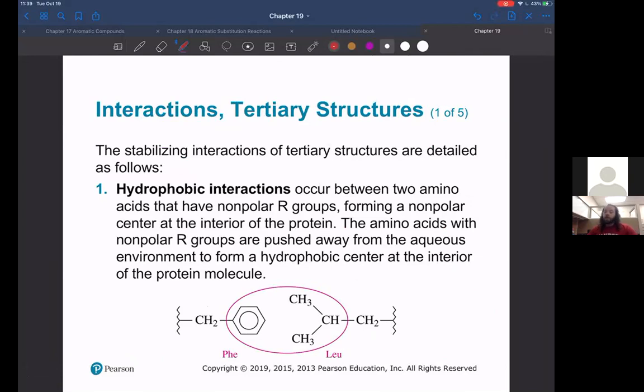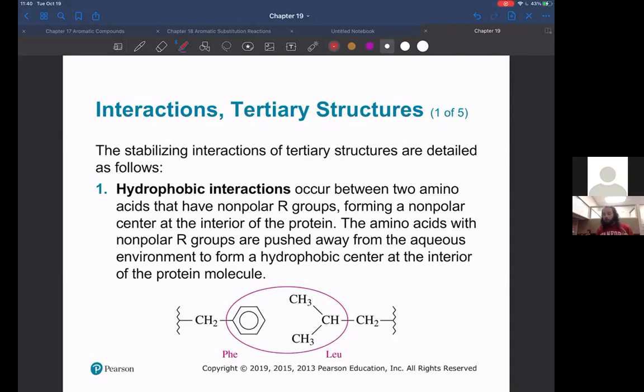Remember, hydrophobic in the world of proteins is synonymous with nonpolar. So if we have 2 R groups that are nonpolar, they're going to interact with one another to form hydrophobic interactions. These tend to take place at the interior of the protein, the very middle of the protein. Remember, the protein is floating around in the cell, in this aqueous, water-rich environment.